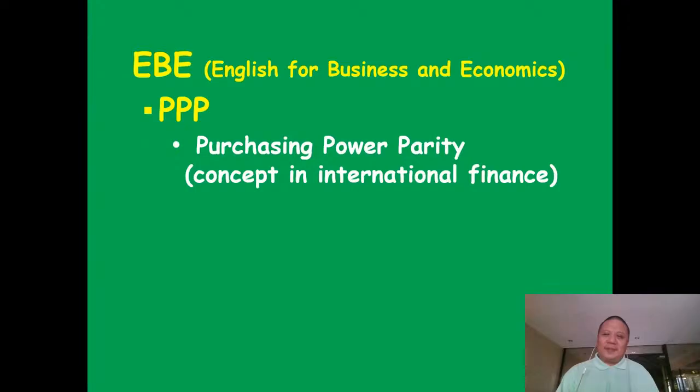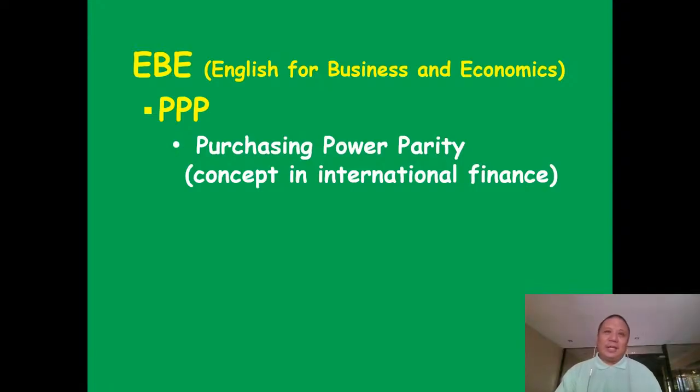So English for business and economics, you have purchasing power parity. It's a concept in international finance. The idea is how much power do you have in purchasing? Okay. How much are you able to buy something? Maybe your money is not as useful or as sought after as another kind of money.